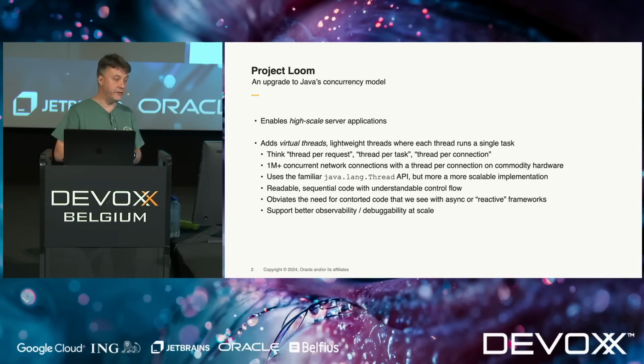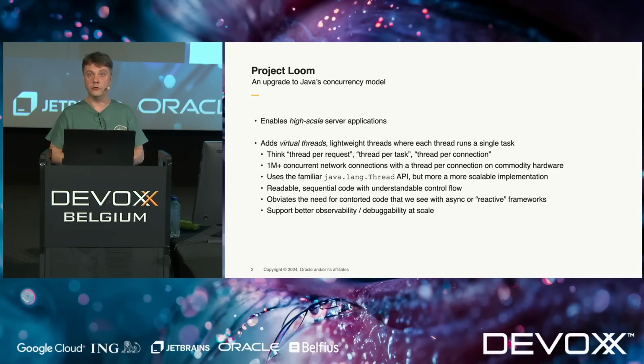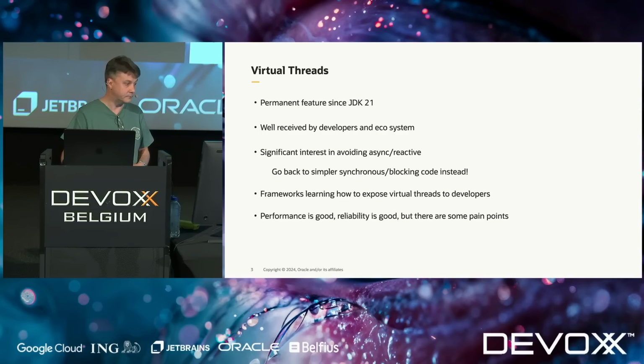And the big benefit of the thread per request model is that you can write basic, boring, simple blocking synchronous code that's easy to read, easy to debug, and so on. It means we don't have to be tempted to go down the road of writing contorted code with a reactive or async model. That's the big benefit of virtual threads.